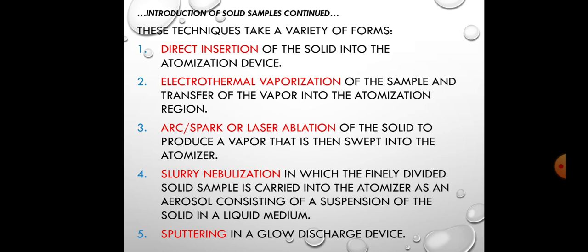So in this method, we don't dissolve the powder, we just suspend it in the solution and mix it vigorously, and then we have a suspension of the sample, and this suspension can be introduced into the atomizer, for example, by an ordinary nebulizer. Another method is sputtering, which is only used in a glow discharge device, and we will talk about it later.